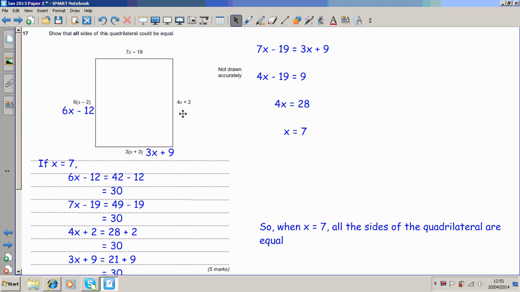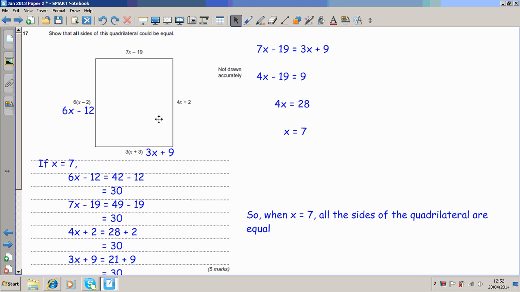Okay, so we need to find a value of x, and once we've got that, we can then work out the length of each side, and we can then answer the question it's asked us to do, show that all the sides are equal. We have. A couple of years ago there was a similar question where they said show that this quadrilateral could be a square. So it's a bit more vague in how it was worded, but the same methods apply.